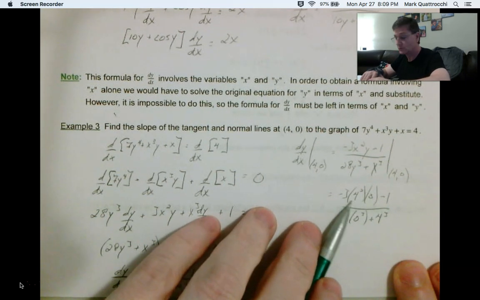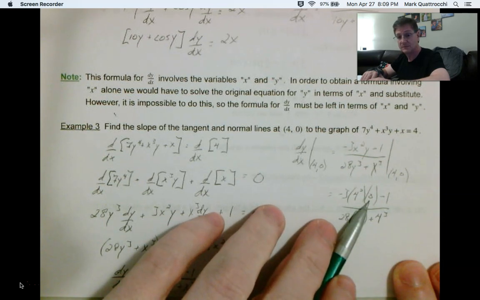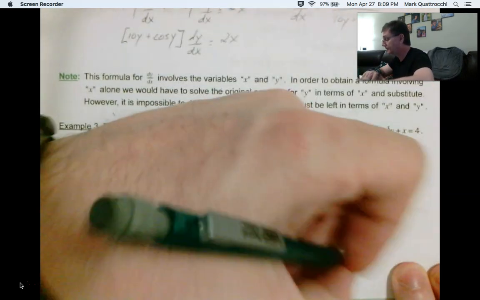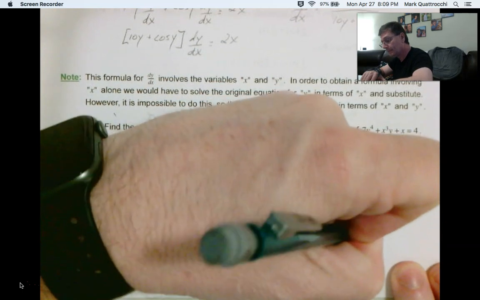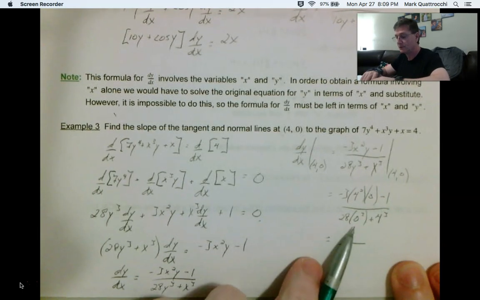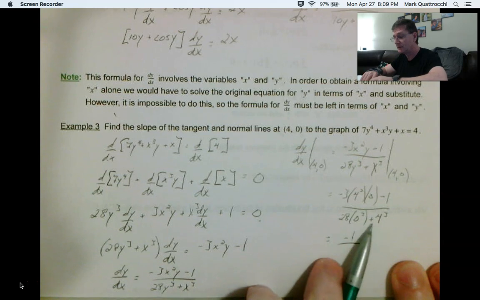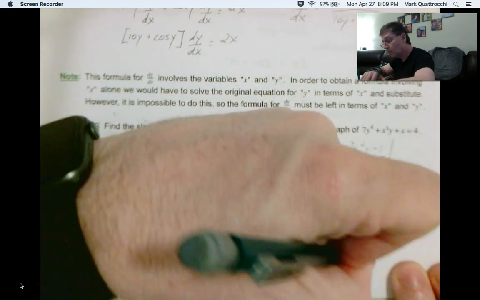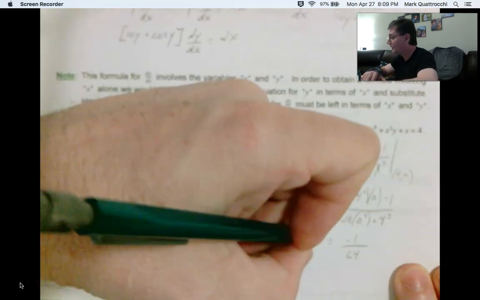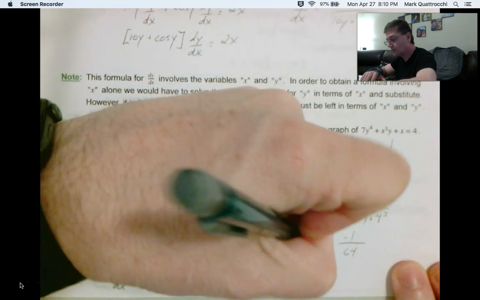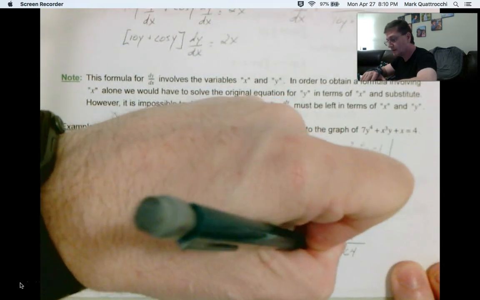It doesn't even matter what 4 squared times negative 3 is because it's times 0, so the numerator is negative 1. 0 cubed is 0 times 28 is 0 plus 4 cubed is 64. And this is the slope of the tangent.